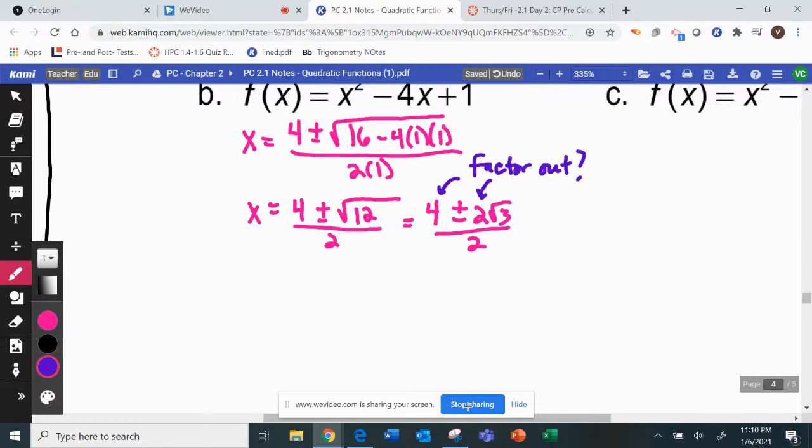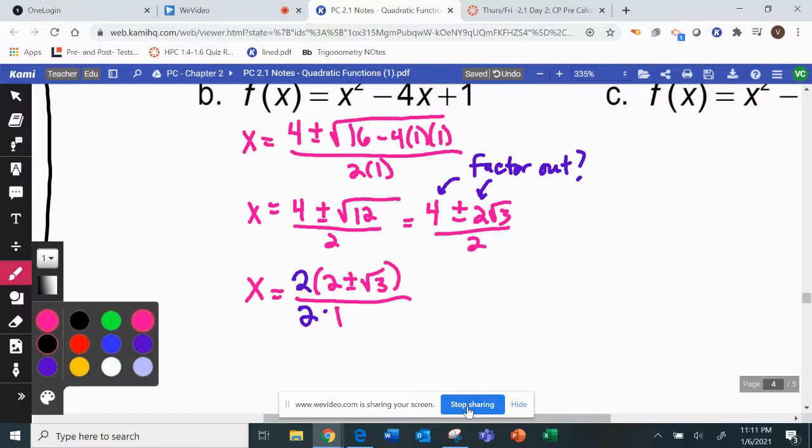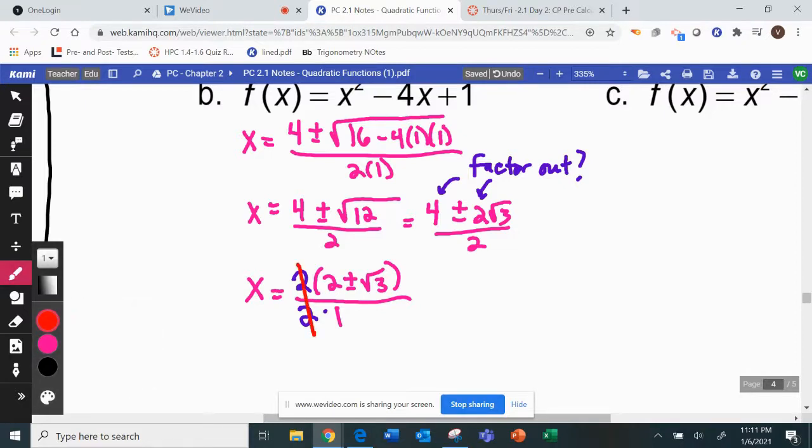I noticed that 4 and 2 are both divisible by 2. So I am going to factor out a 2 from the top, and I will get 2 plus or minus square root 3 left over. And in the bottom, I also factor out a 2, and I get 2 times 1. If you have factored them out of the top and the bottom, you are allowed to cancel. Only if you factored them. So we have that x equals 2 plus or minus square root 3.